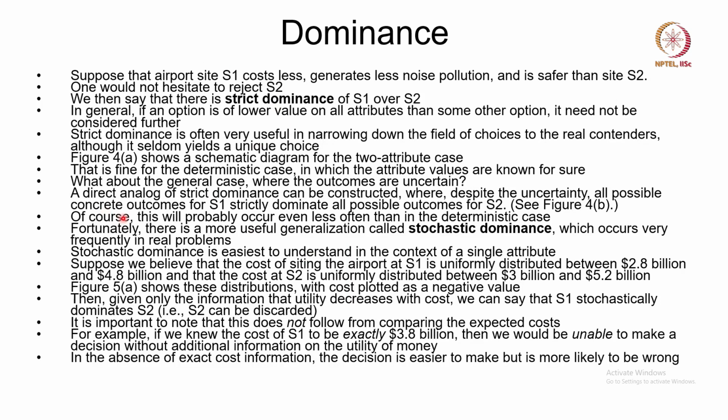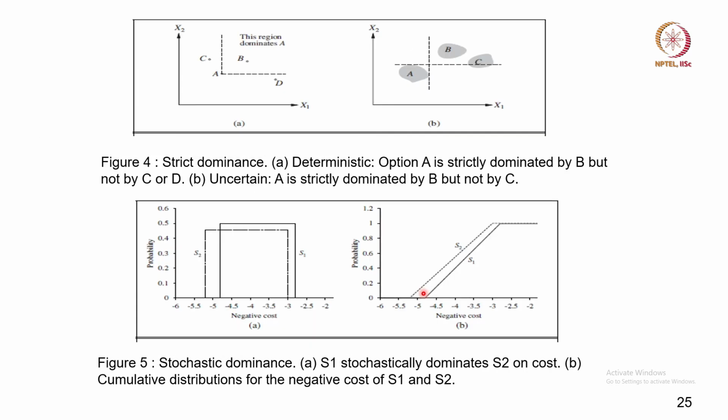Then you come to another aspect which is called stochastic dominance. Okay, so it's not as easy as strict dominance. Suppose we look at the cost of siting the airport: at S1 it is uniformly distributed between 2.8 billion and 4.8 billion, and the cost at S2 is uniformly distributed between 3 billion and 5.2 billion. Okay, so this is what is given over here, right?